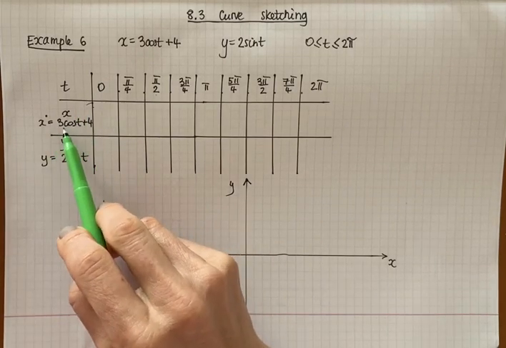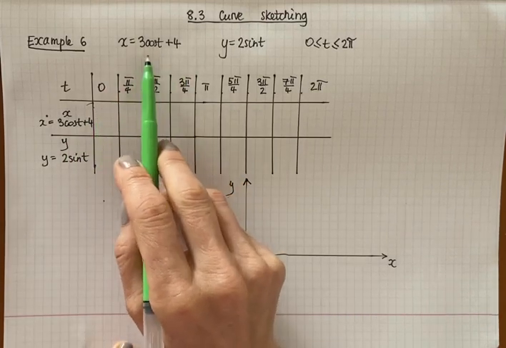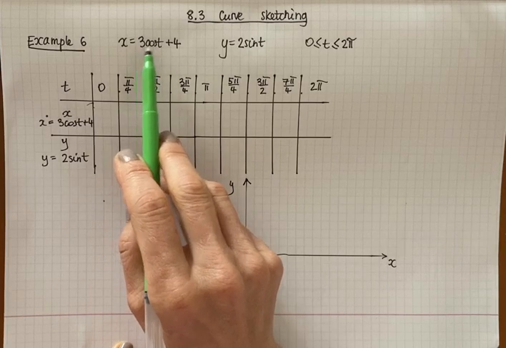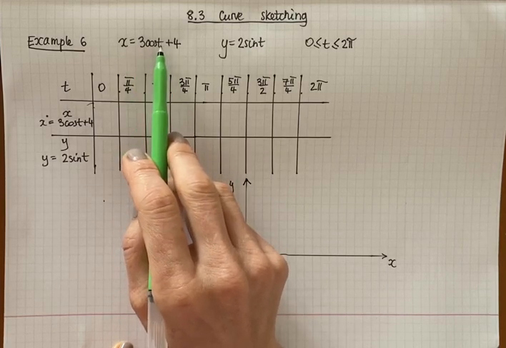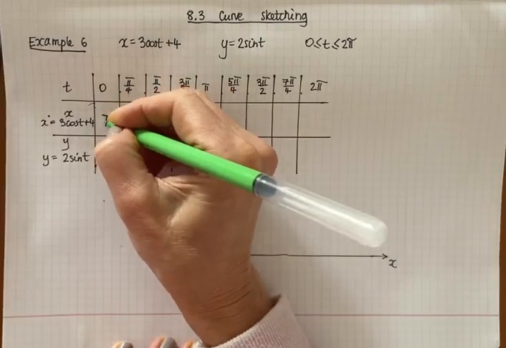So x is equal to 3 cos t plus 4. Evaluate this using a calculator, so it's going to be t is equal to 0. That gives me 3 times 1, because cos 0 is 1, plus 4. So this gives me 7.